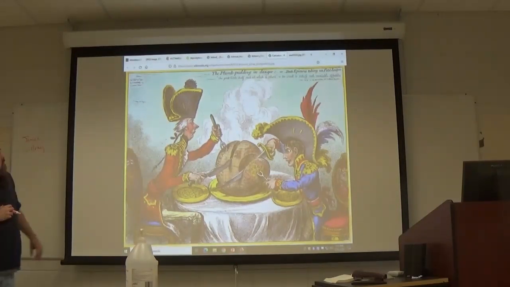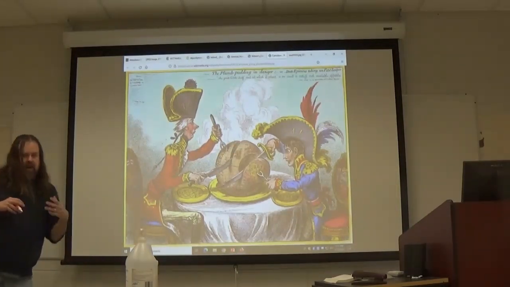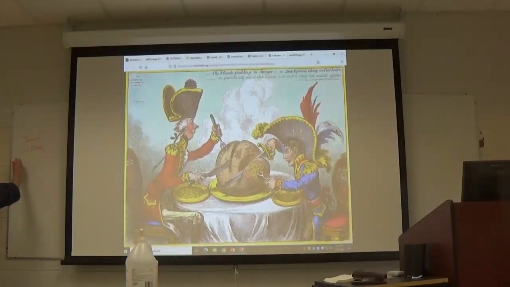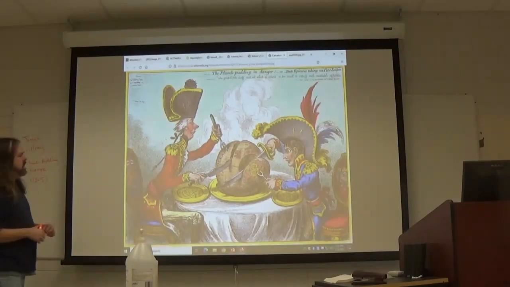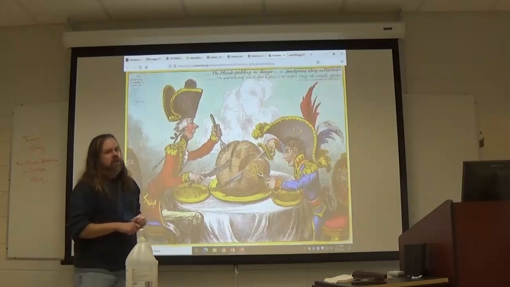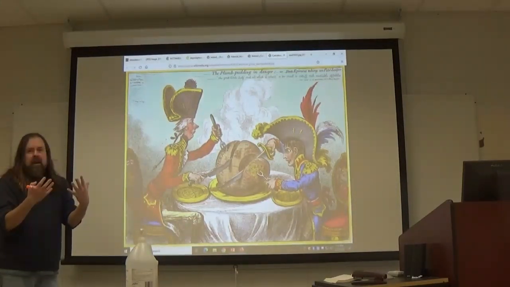So what we have here is a cartoon called The Plum Pudding in Danger, and this is from 1805. And what Gillray has done here is taken advantage of the fact that a Christmas plum pudding, right, we can see the steam rising off it, is a big round ball, like a globe or like a cannonball.